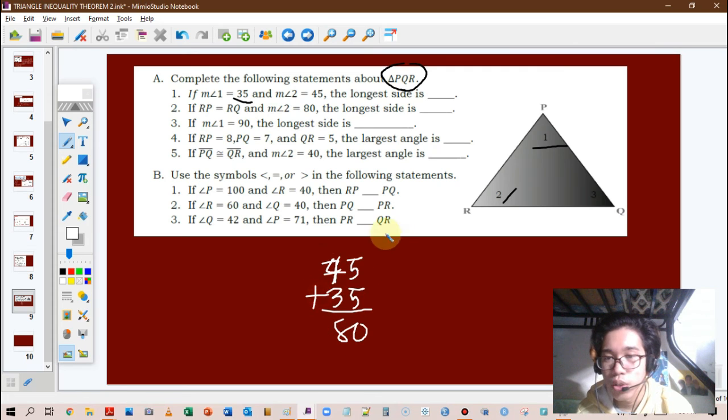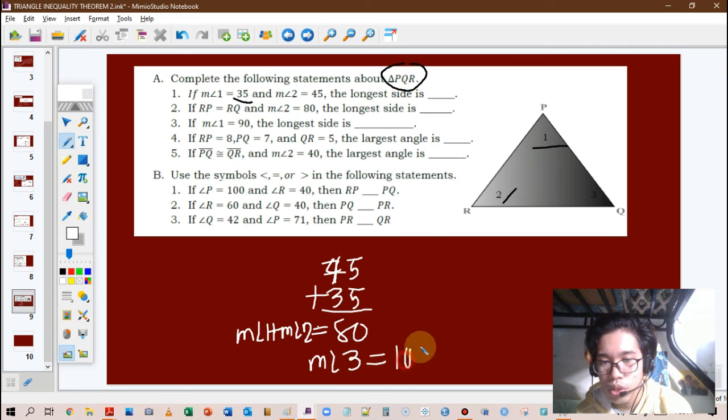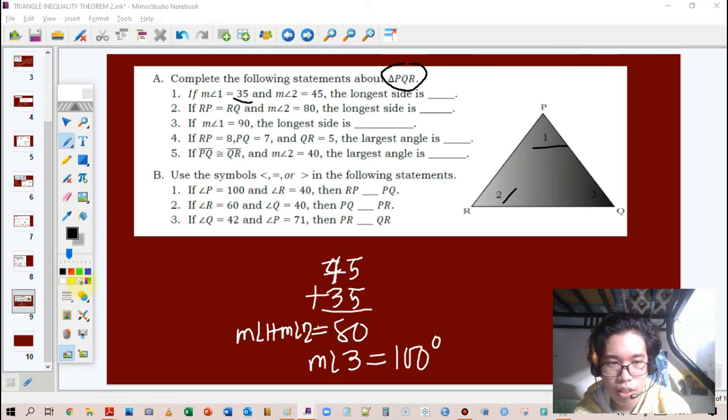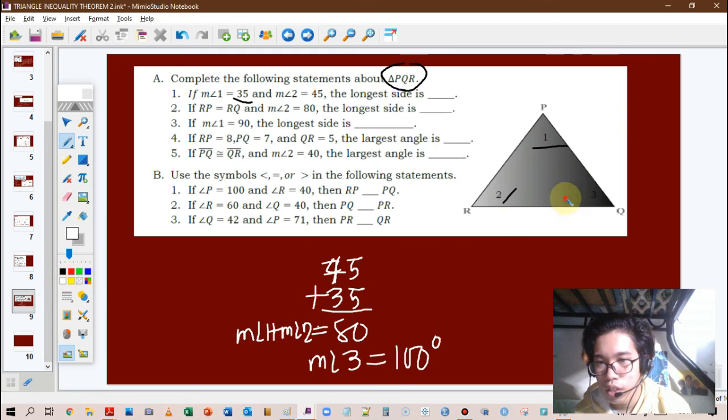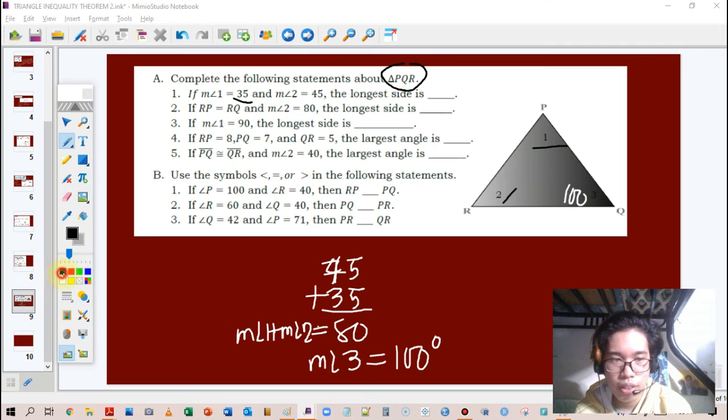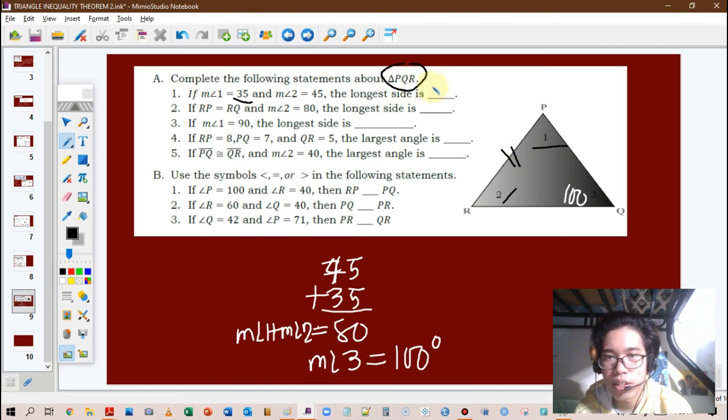So the measurement of angle 1 plus the measurement of angle 2 gives us 80 degrees. The measurement of angle 3 should be 100 degrees, since we're using the linear pair postulate. If this is 100 degrees, the side opposite to it should be the longest, and therefore the longest side here should be PR. Let's try another problem.